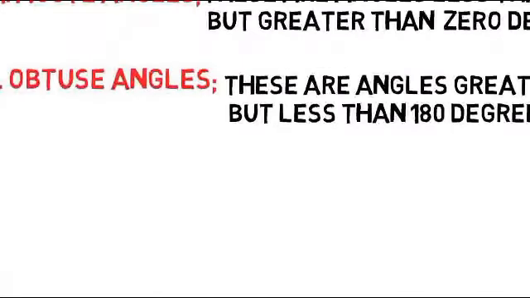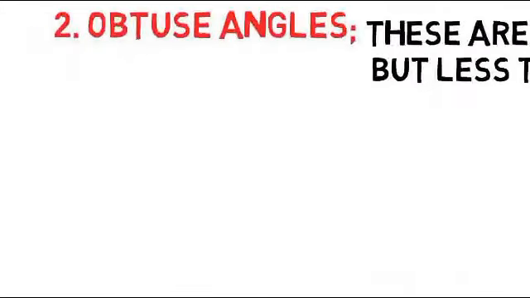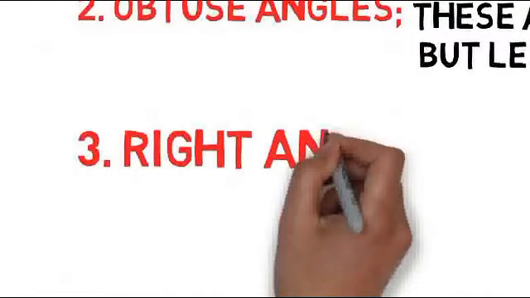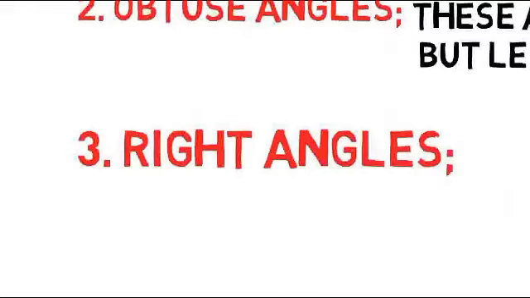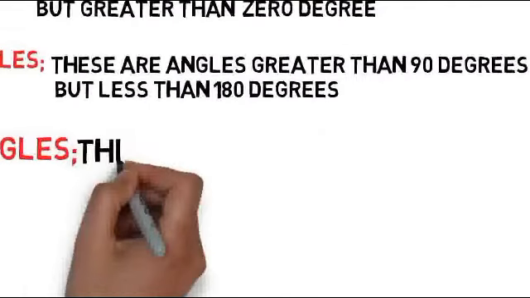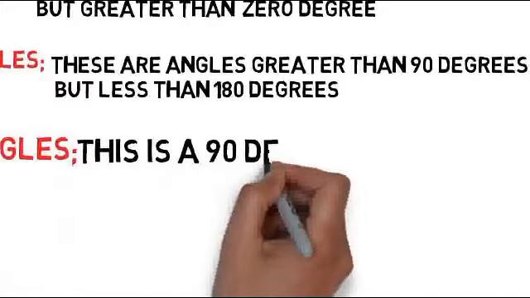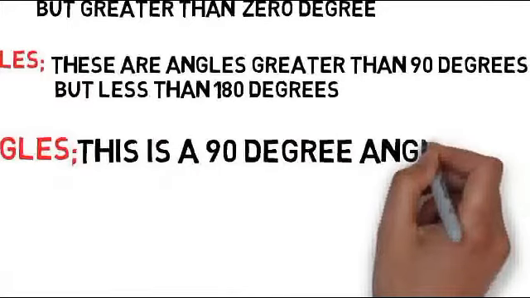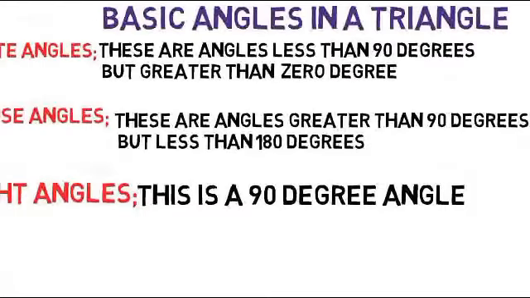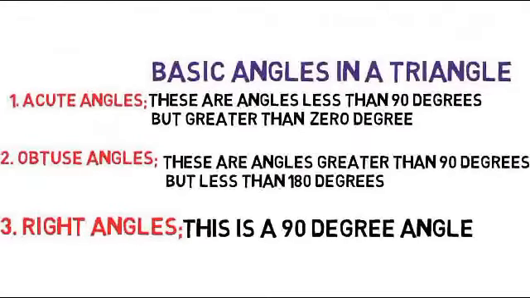And the third basic angle is the right angle. Right angles are angles that are 90 degrees. So, a right angle is a 90-degree angle.